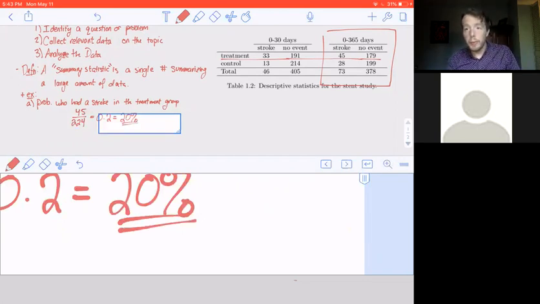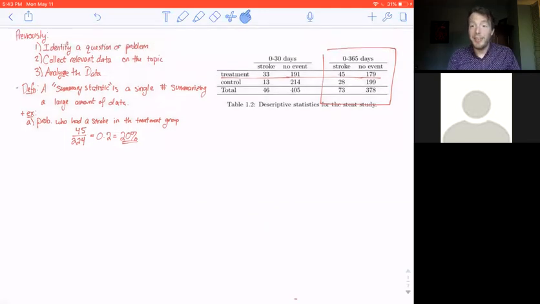We followed these people for a whole year. We applied a treatment to part of them. We didn't apply a treatment to another part, but we still followed them for the full year. We've collected all of this data, and we've taken it and we've boiled it down to a single number. And this single number represents a quality of the data. In this case, it tells us of the people in the treatment group, what proportion of them got a stroke of the total amount in the group. So that's the idea of a summary statistic.